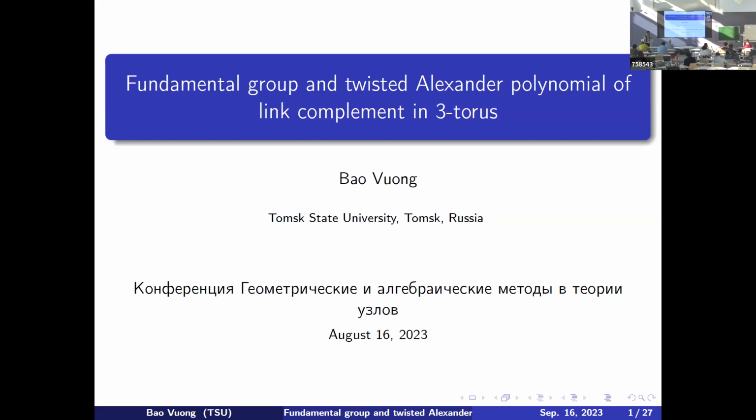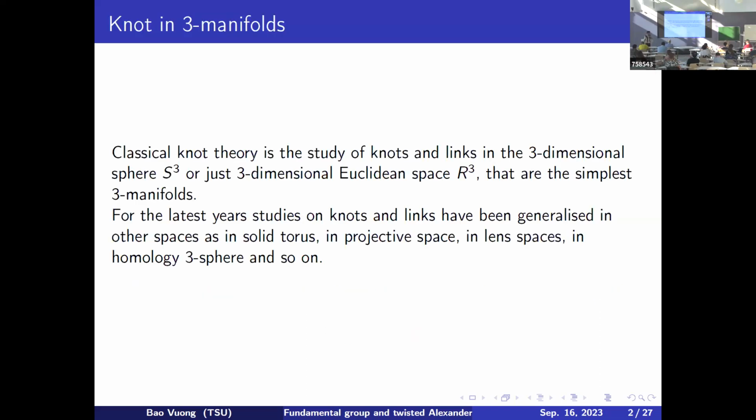Now work has been done for the embedding of circles in different three-dimensional manifolds, like lens spaces and the dodecahedral space, and virtual knot theory is the embedding of circles in thickened surfaces.